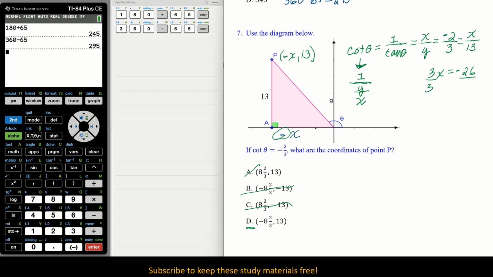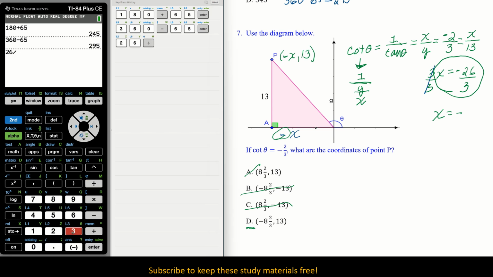Divide both sides by the 3. This cancels. So I know this is what I put in the calculator. And what does that give us? So 26 divided by 3. Oh, well, I can tell you now that that's 8, negative 8 and 2/3.